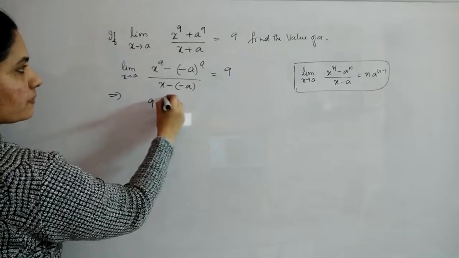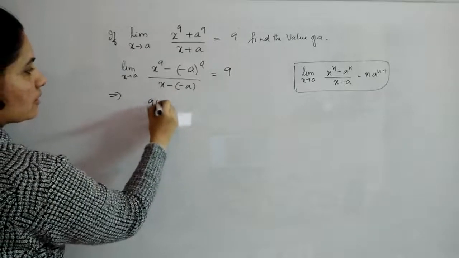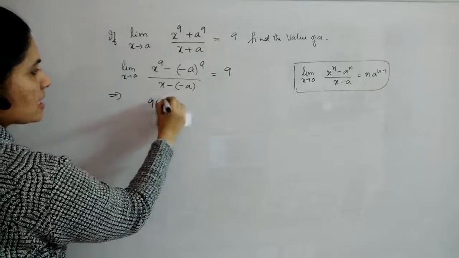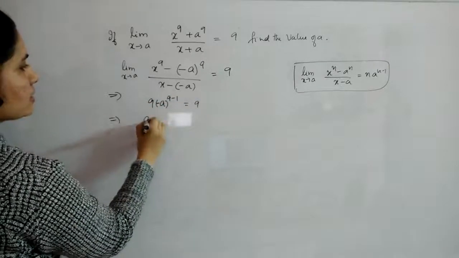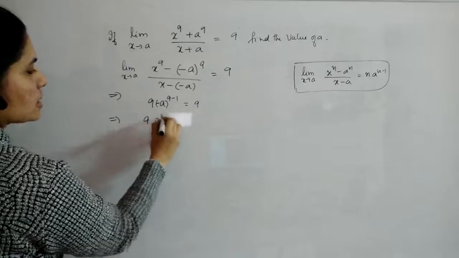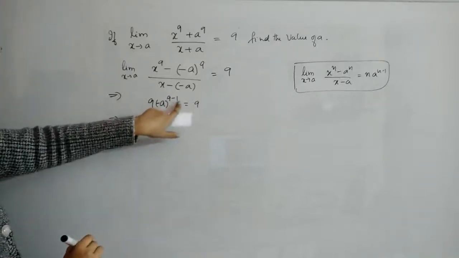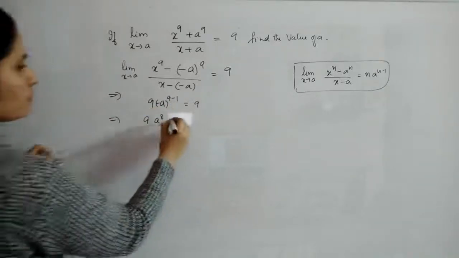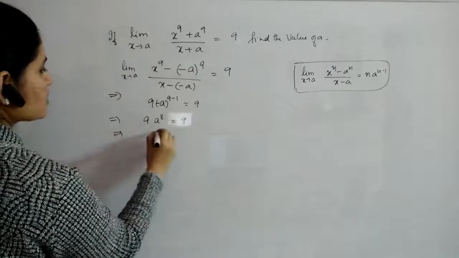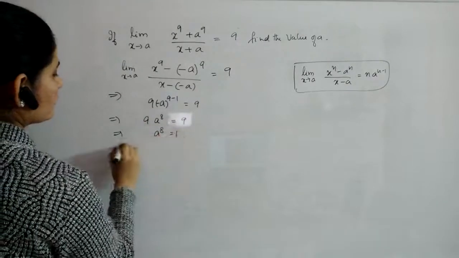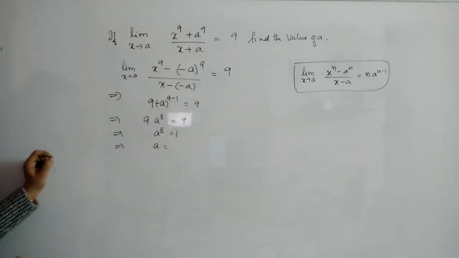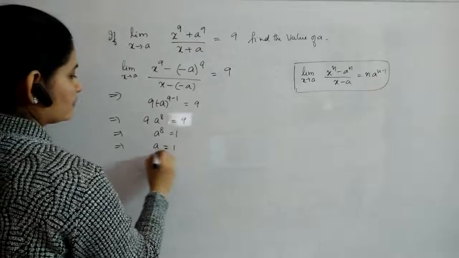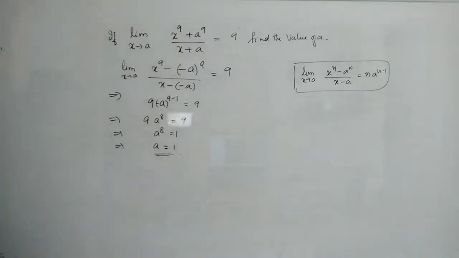So instead of a you have minus a, the whole raised to 9 minus 1 is equal to 9. So it is a raised to 8. The power is 8, so that it becomes positive. What is a? a is 1. Okay. Next one.